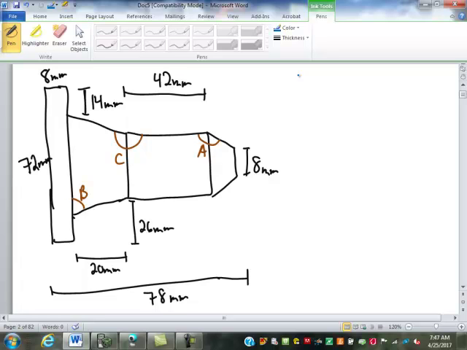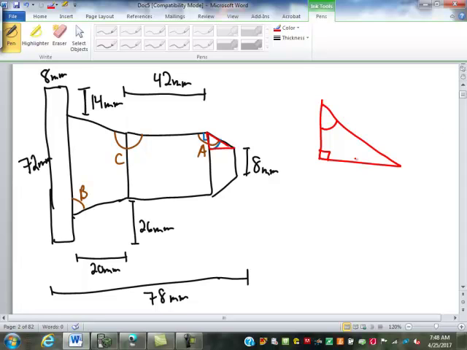So for angle A, I'm going to break A into two pieces, 90 degrees and then this piece. 90 degrees plus whatever this piece is should add up to angle A, correct? So how would I find this piece? We're going to look at that triangle there. This is the angle I'm looking for.